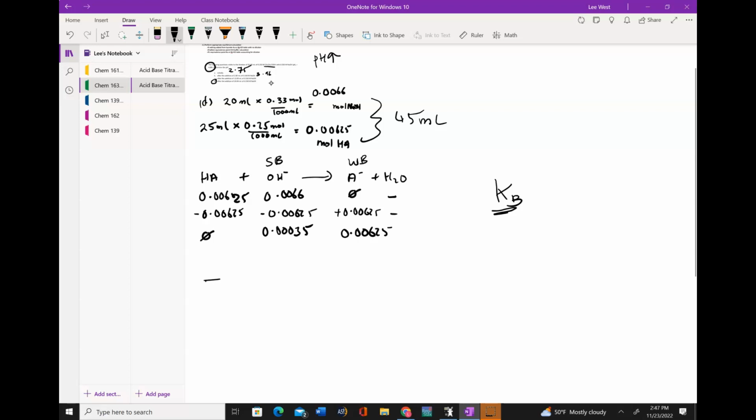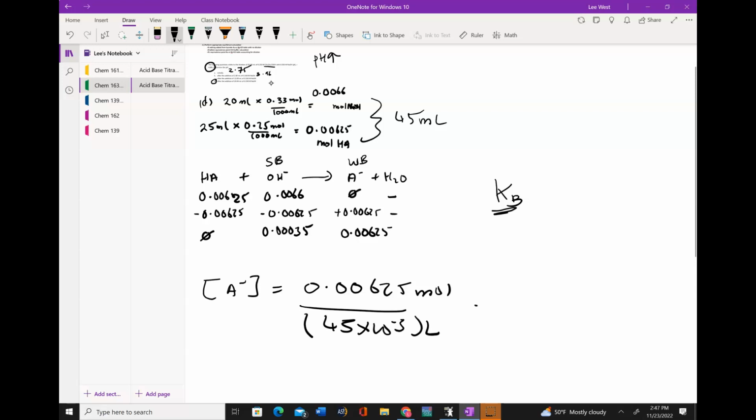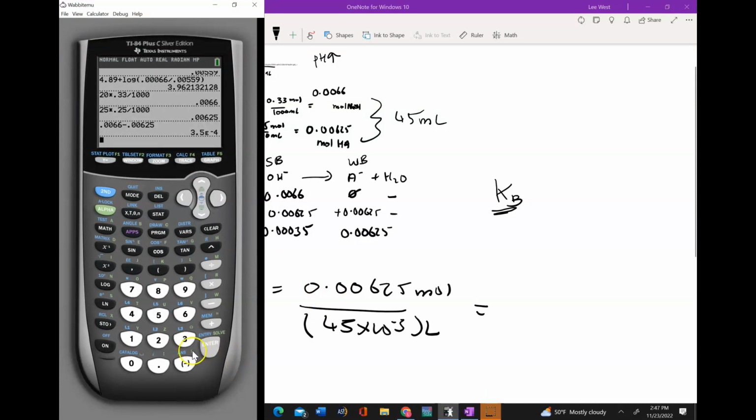So let's figure out our concentration of our A minus. So we've got 0.00625 moles, and that is in the volume of 45 by 10 to the minus 3 liters. So 0.00625 divide 45 mils.